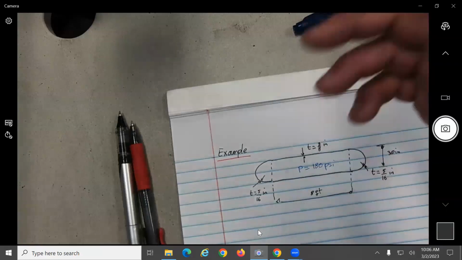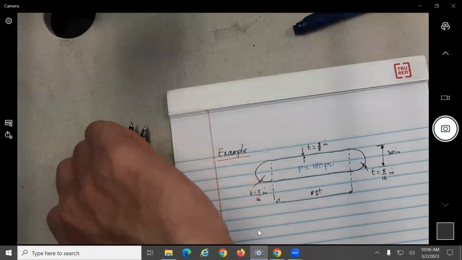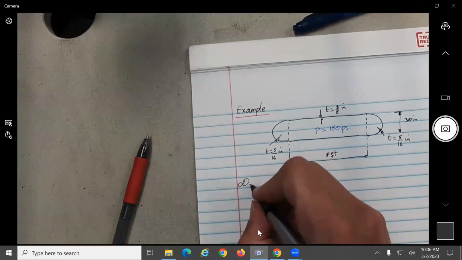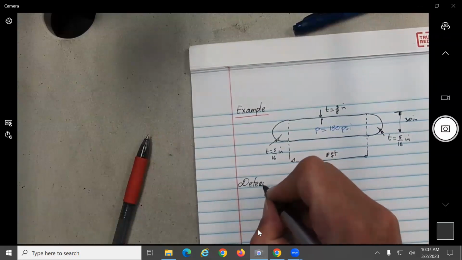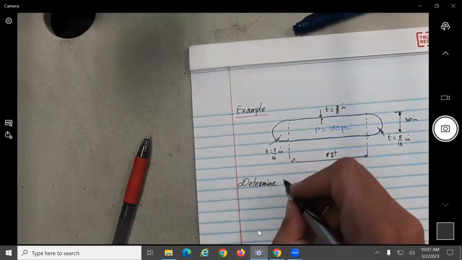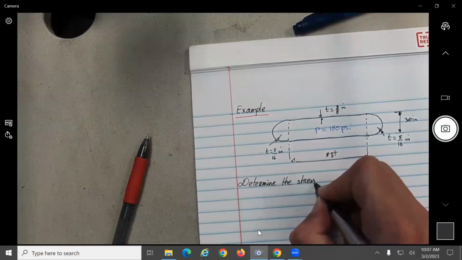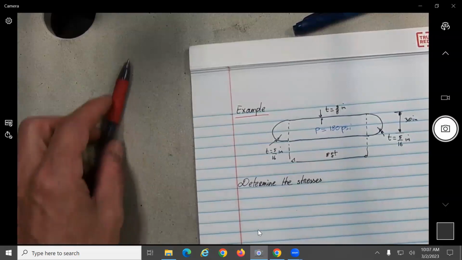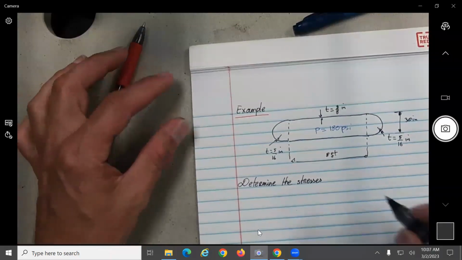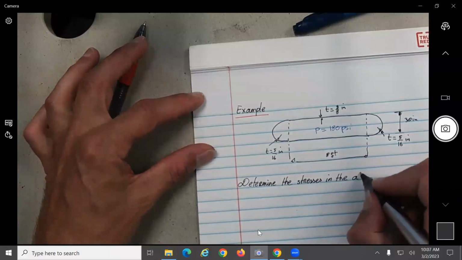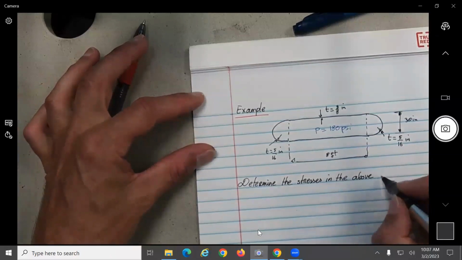Okay, so over here, the only thing we have to do is, pretty straightforward again, determine the stresses in the above structure.